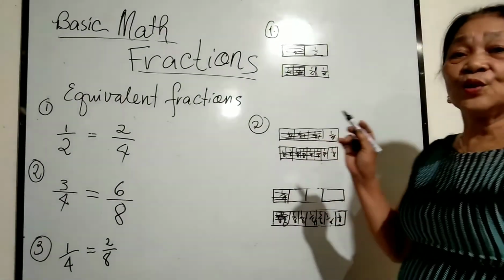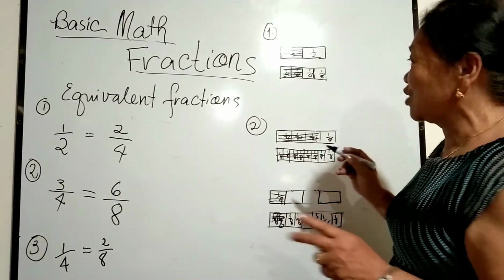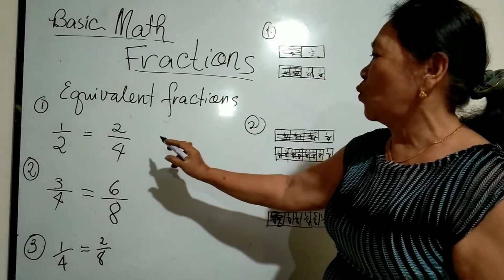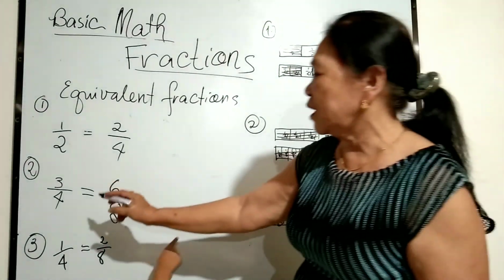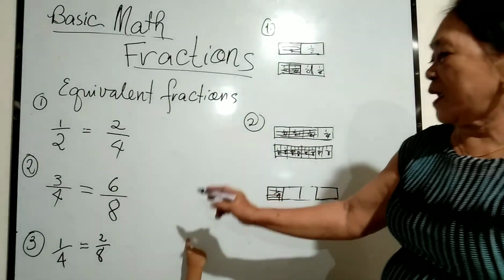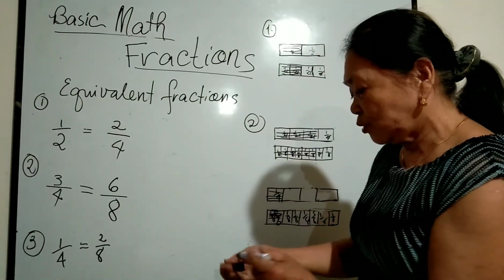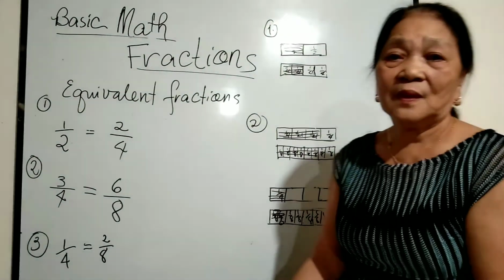So that's the answer. That's the explanation why 1/2 is equivalent to 2/4. 3/4 is equivalent to 6/8. And 1/4 is equivalent to 2/8. That's all.